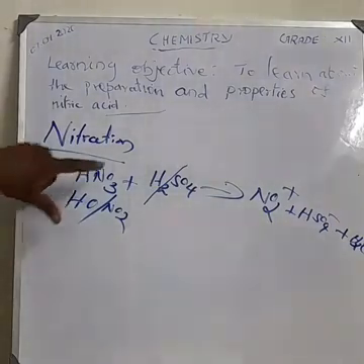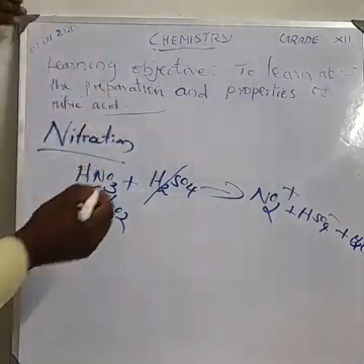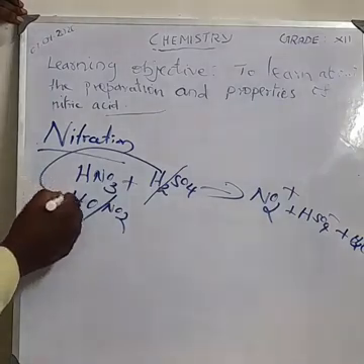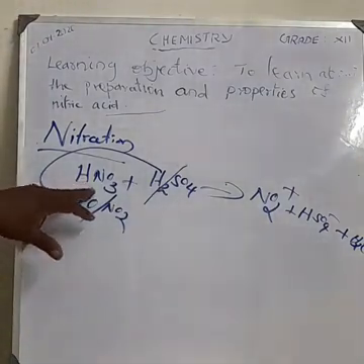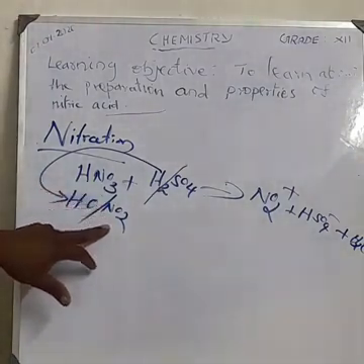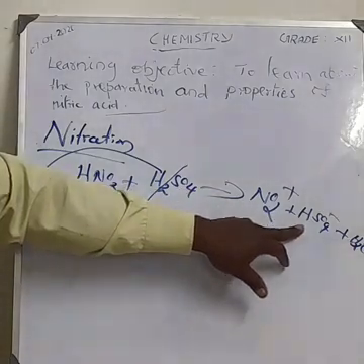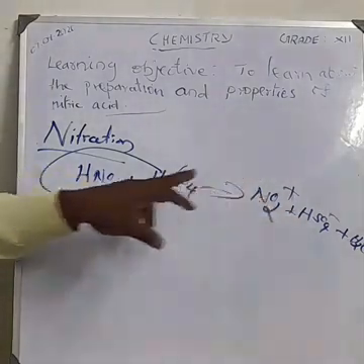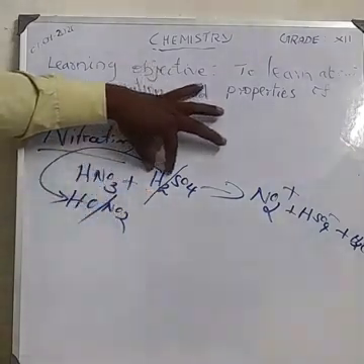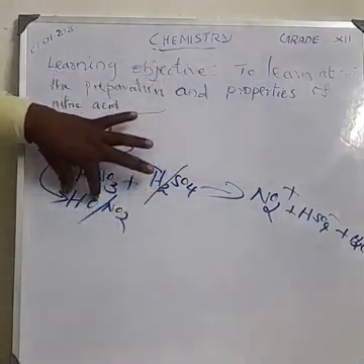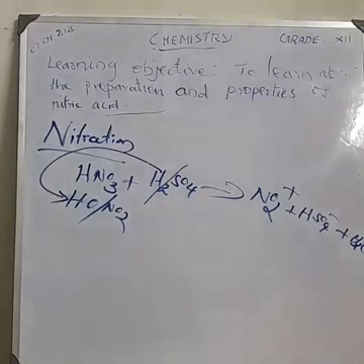One of the hydrogens combines with OH to form water. So nitric acid is first converted to NO2, sulfuric acid is converted to HSO4 minus bisulfate ion, and the hydrogen and OH combine to form water. This is how the nitration reaction takes place. Clear?